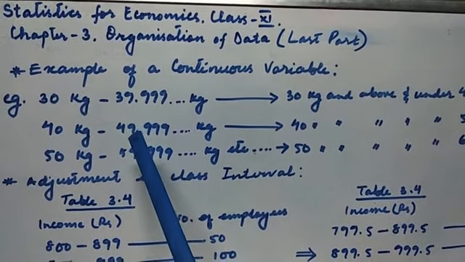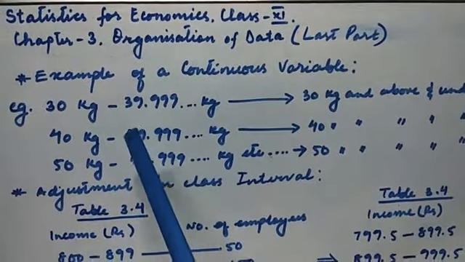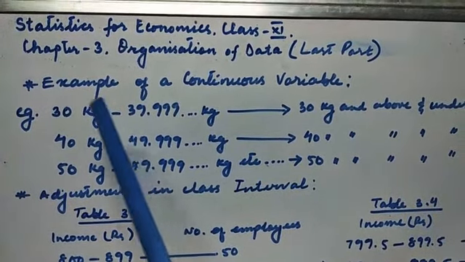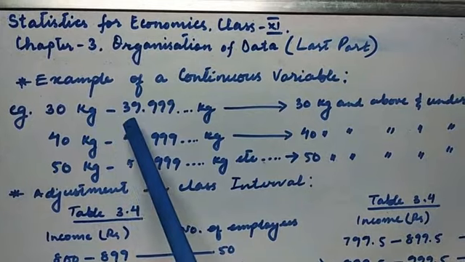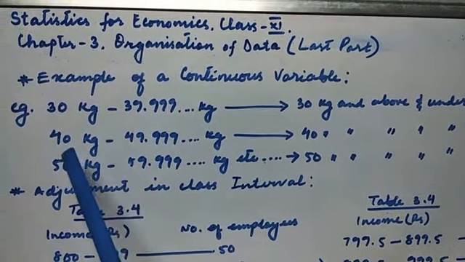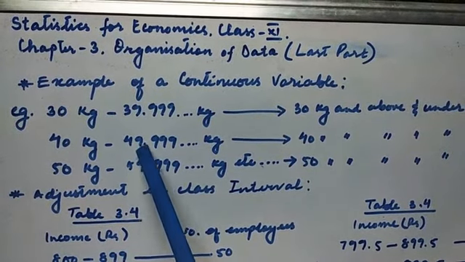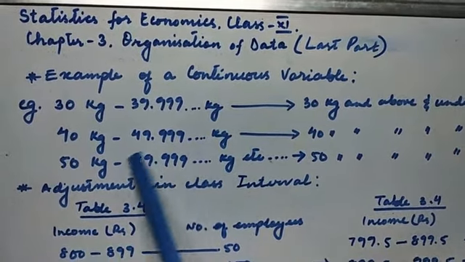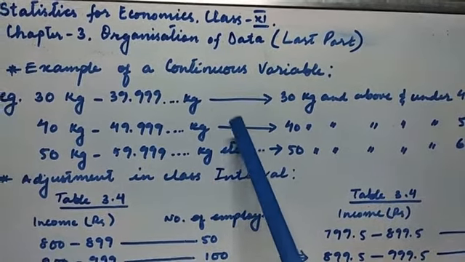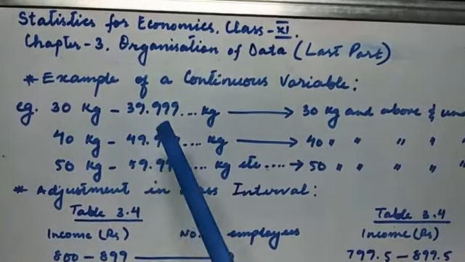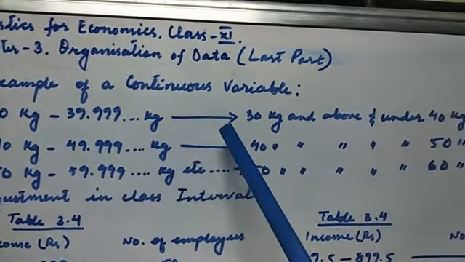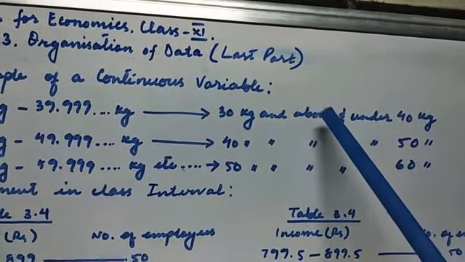In the case of a continuous variable, your classes or class intervals will look like this: 30 kg till 39.99 kg, and then 40 kg till 49.999 kg, and then 50 kg till 59.999 kg, etc. So what does it mean here? 30 kg till 39.999 kg would mean 30 kg and above.